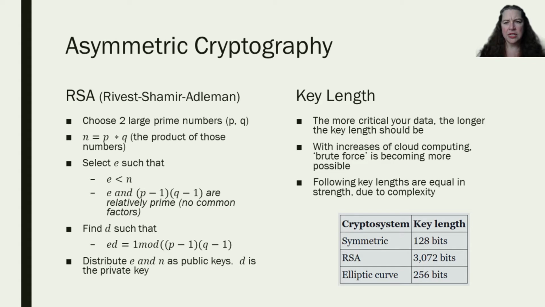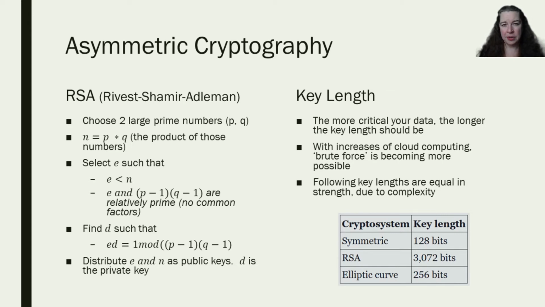It's also really important to understand key length. With asymmetric cryptography, because of the asymmetric nature, we need a key length that is much larger than a symmetric cryptography key length. If you are doing symmetric cryptography with a shared private key, you can have a smaller 128-bit key length.